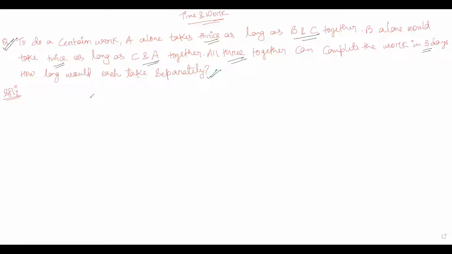So we can say that the efficiency ratio of B and C to that of A would be simply 3 to 1, and the efficiency ratio of C and A to that of B would be simply 2 by 1. And together they can complete the work in 3 days. So whatever the total work we assume, it should be a multiple of 3.